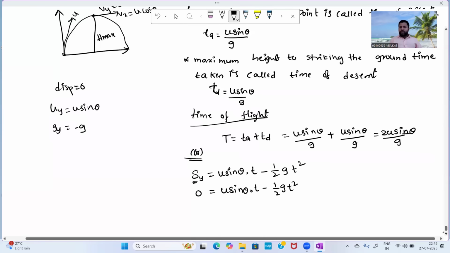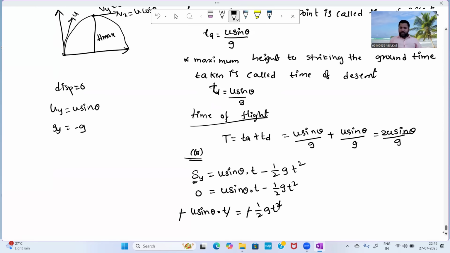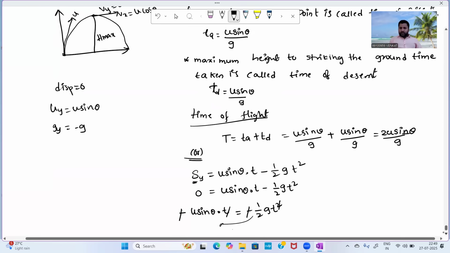From this equation, u sine theta into t on the left-hand side equals half g t square. One t and the other t get cancelled, then multiplying by 2, we can write 2u sine theta equals g t.